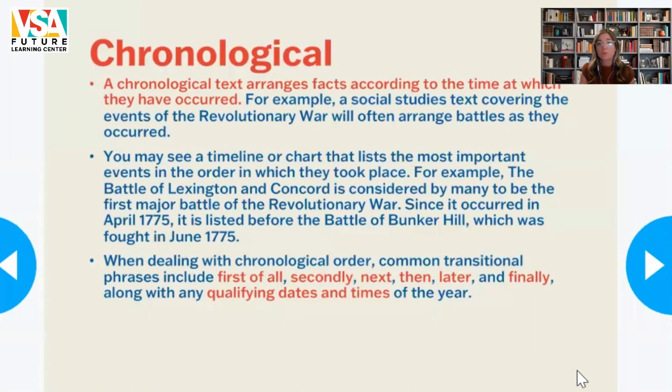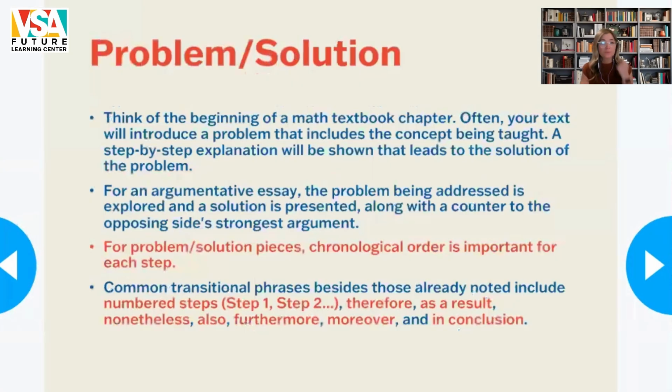Transition words are always going to be a text feature that authors are using to organize their information. And if your goal or your strategy is to determine how their information is organized, then we definitely want to make sure we zoom in and pay close attention to those transitional phrases, just as important as you using them in your own writing. The next way that a text might be organized is through problem solution.